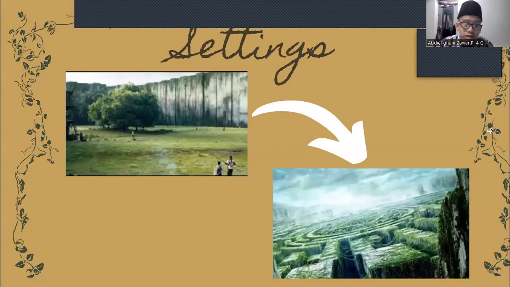Settings. First, the Glade. The Glade is surrounded by four giant walls covered with thick moss. The Glade is the first place that is introduced and where it all started. Next up is the maze.